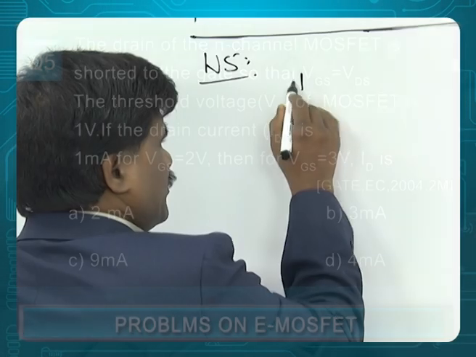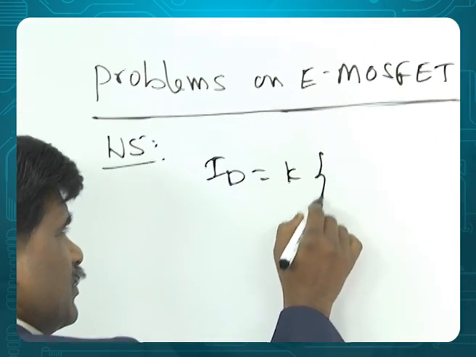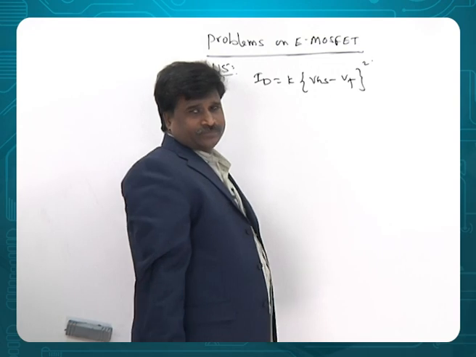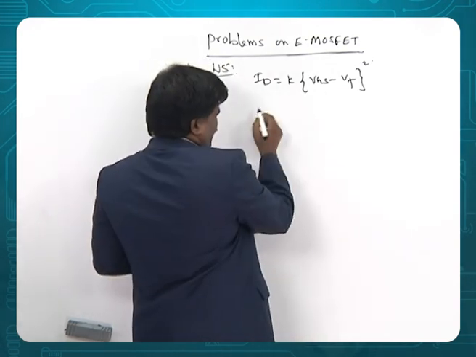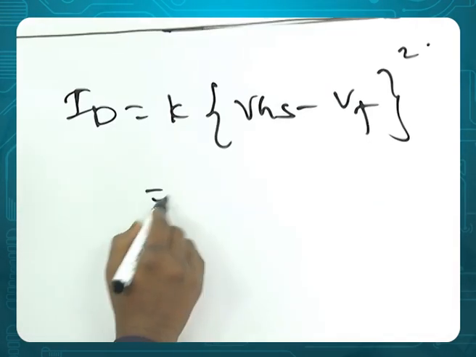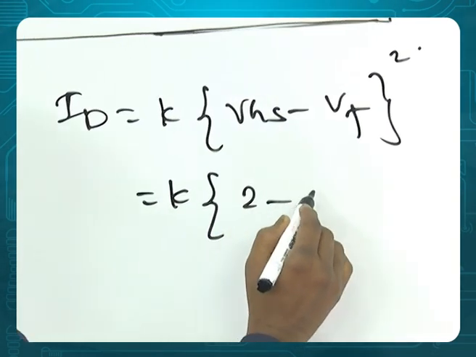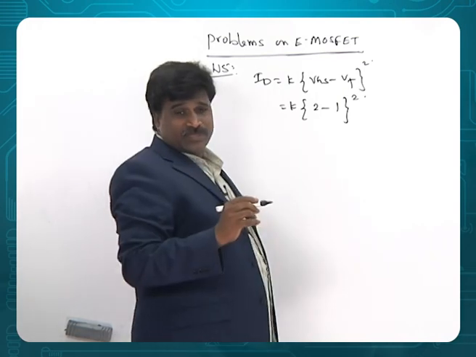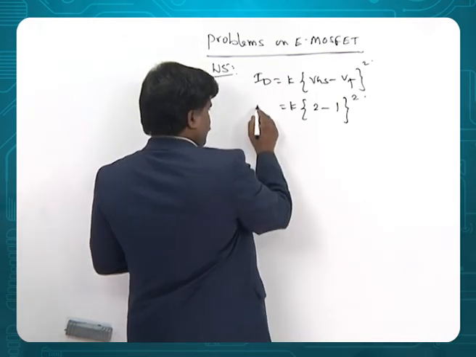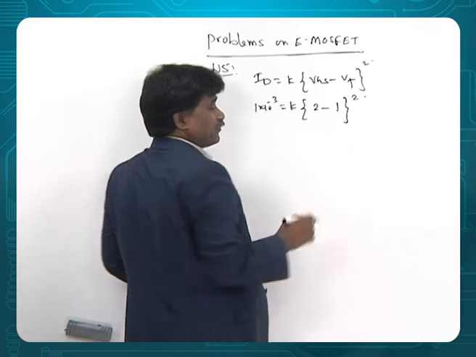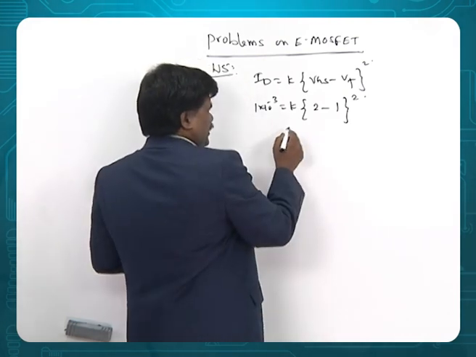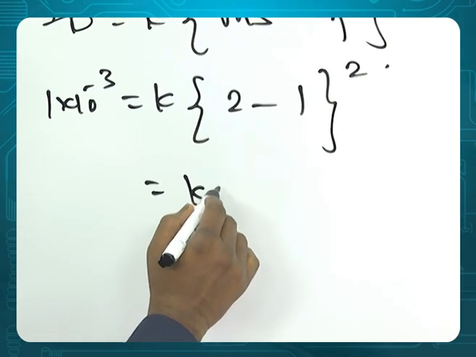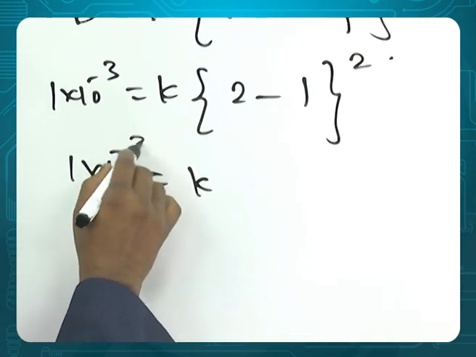So let me take you the equation straight away. VGS minus VT whole square. Now what he said was, we need to substitute here 2 minus 1 square. ID is how much given to us? 1 milli. Now K into 2 minus 1 is 1, 1 square is 1, so K is 1 milli.